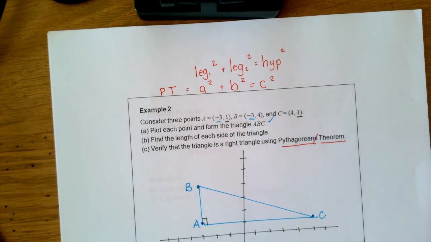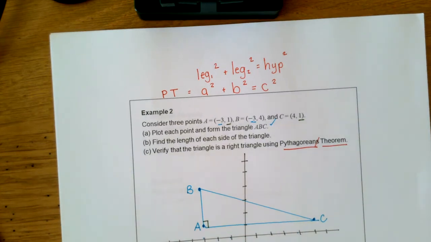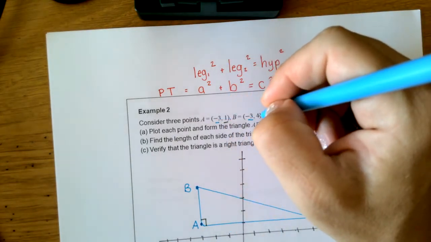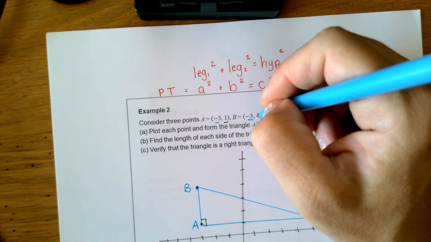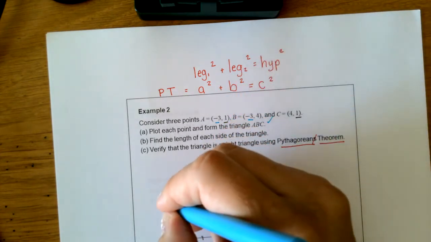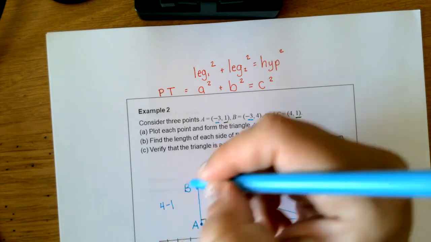Find the length of each side of the triangle. So which ones can I count? Can I count any of these, or do I have to use the distance formula 3 times? I can count this, right? So between 4 and 1, I can just say this is 4 minus 1, right?